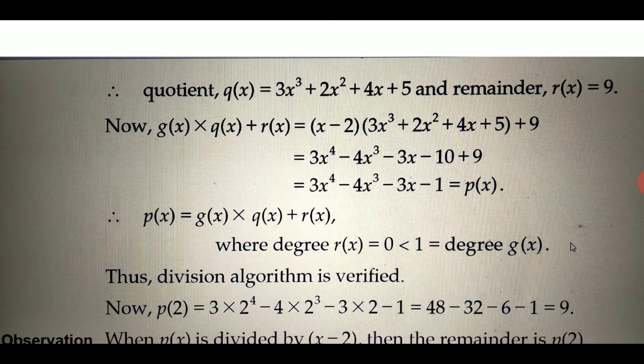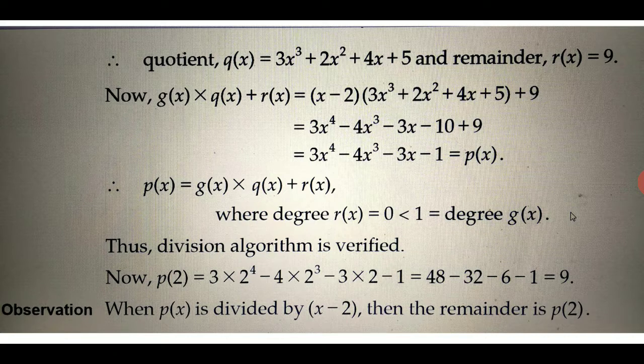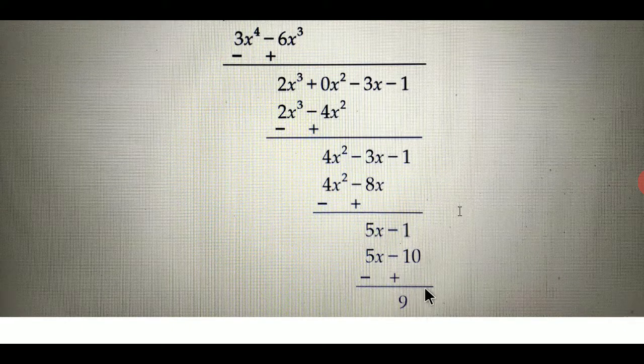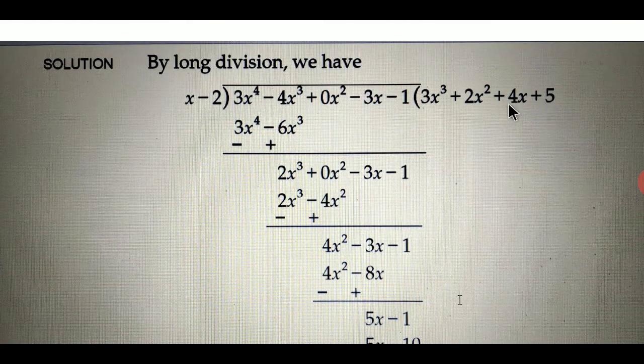Now look, for the verification of the division algorithm, we see that the quotient is 3x cube plus 2x square plus 4x plus 5 and the remainder is 9. Check it.